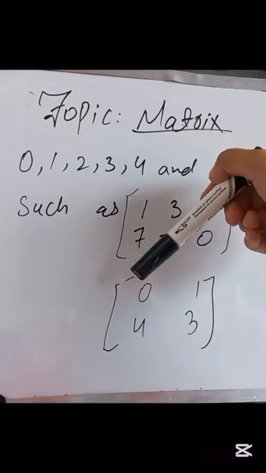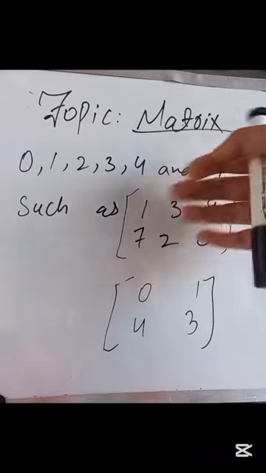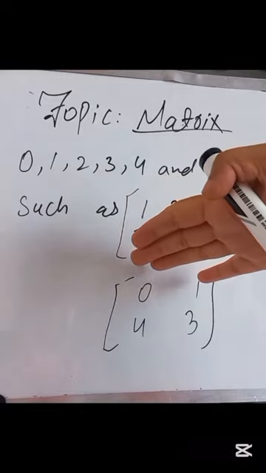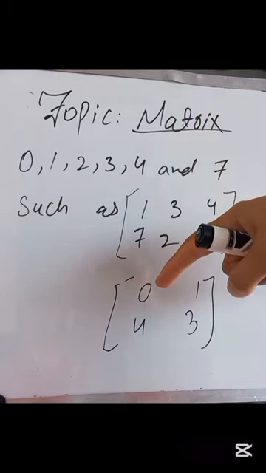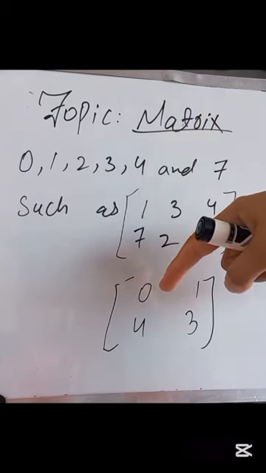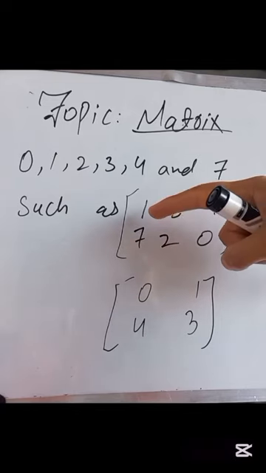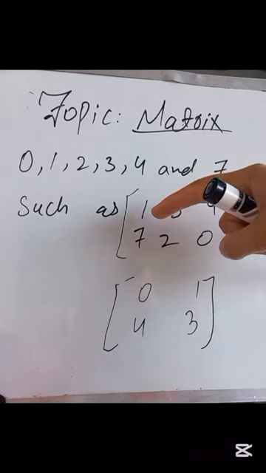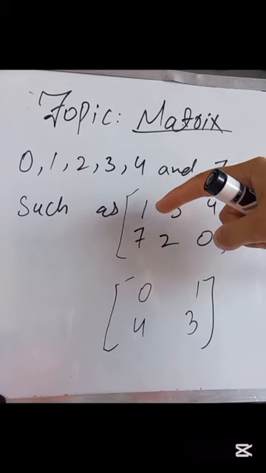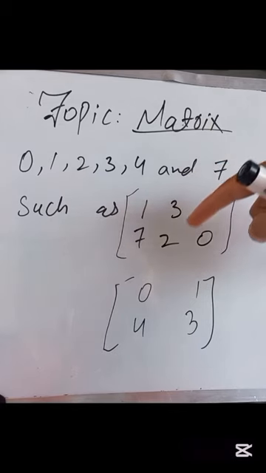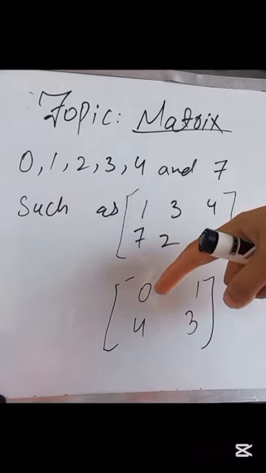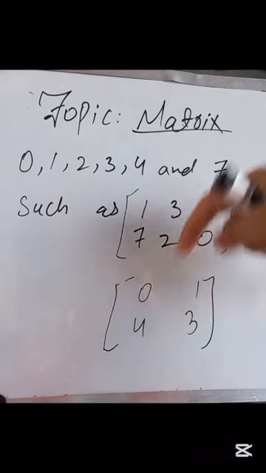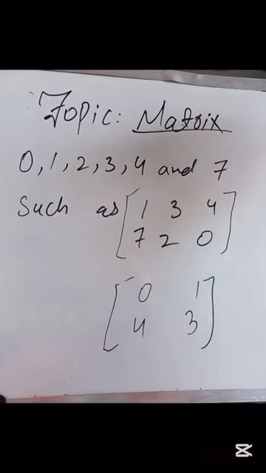The real numbers used in the formation of a matrix are the entries or elements of the matrix. For example, 1 is an element of this matrix, 2 is an element of this matrix, and 0 is an element of this matrix.